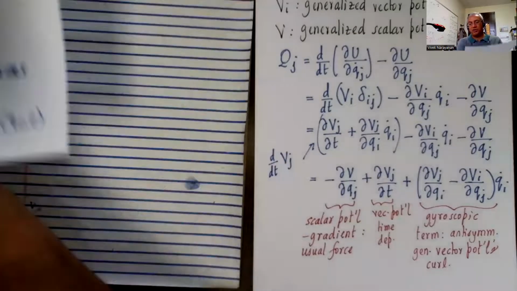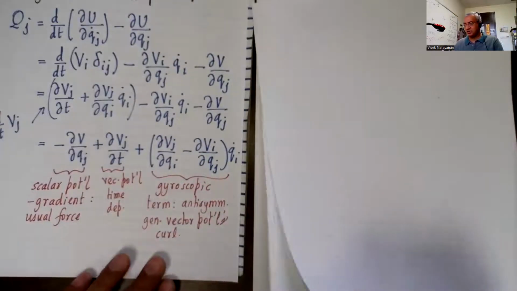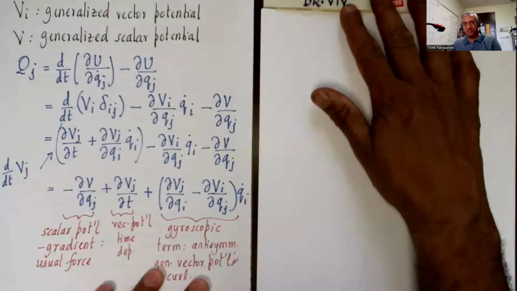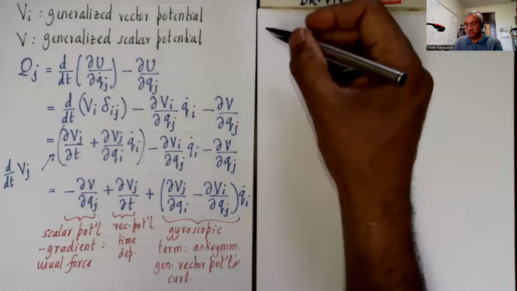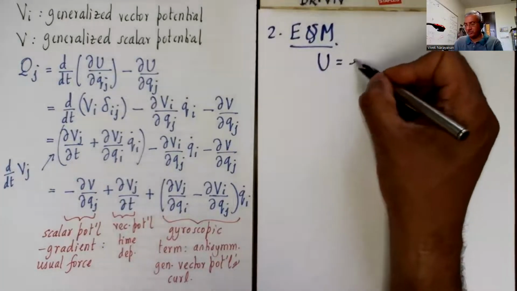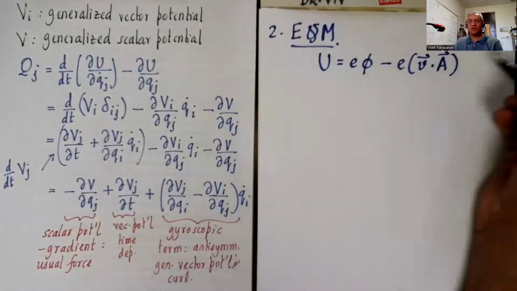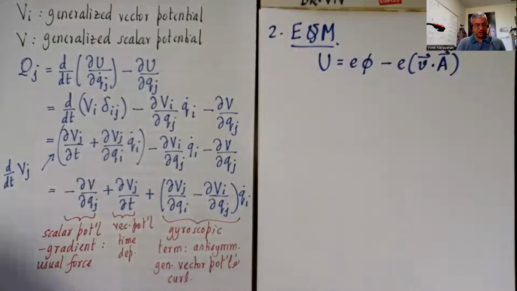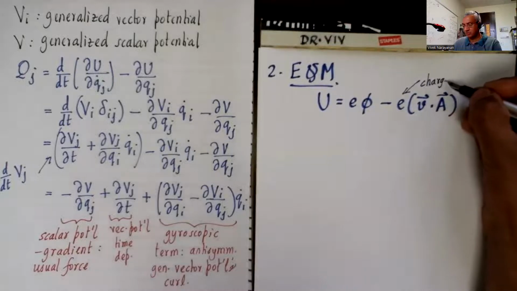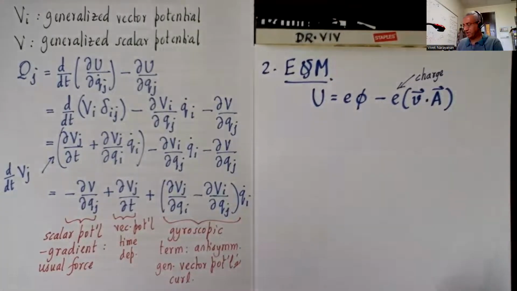All right, now let's move on to the electromagnetic Lagrangian. Well, E&M proceeds by choosing the internal energy function U. The U function chosen is E times phi minus E times V dot A, where E is the charge of the electron, or the proton, it doesn't matter, the charge of any charged particle that is moving, okay?